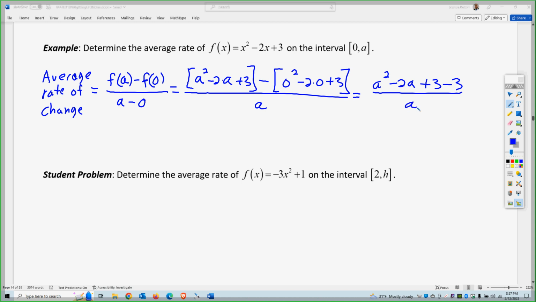Because the second part is just minus 3. So that really gives me a squared minus 2a over a, which is really a common factor of a can cancel out. So a minus 2 is the average rate of change for whatever interval from 0, whatever I want to put, basically. I can figure that out pretty easily. All right, pause the video, try the student problem.